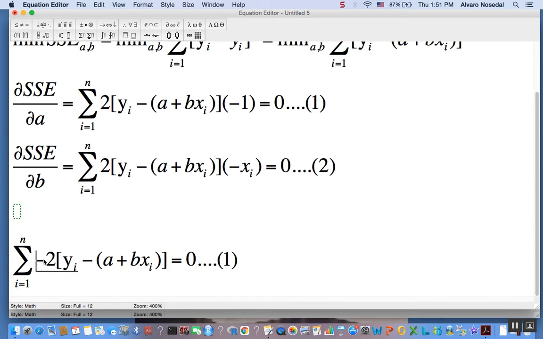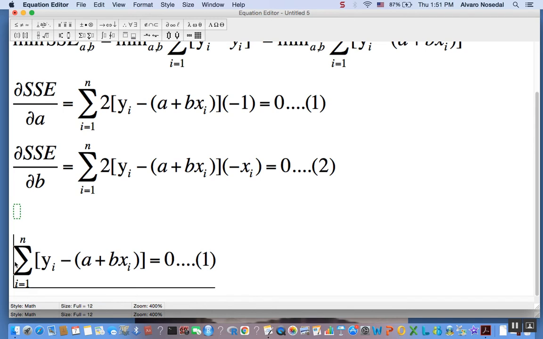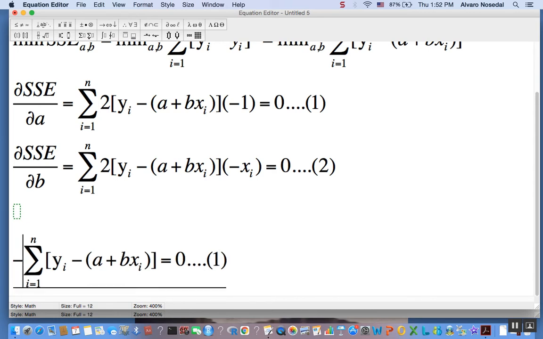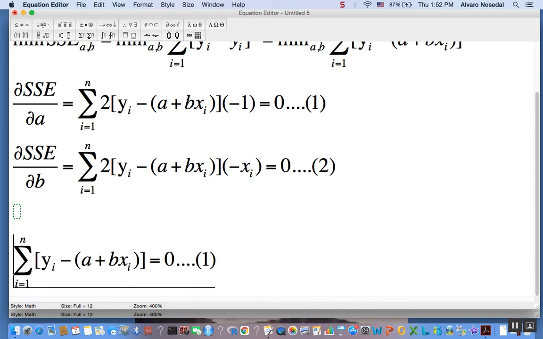But now this guy is a common factor. We can pull it out. So we have it there, and then we could divide by -2 on both sides, and we haven't done anything wrong, right? So this is our new equation 1, okay?